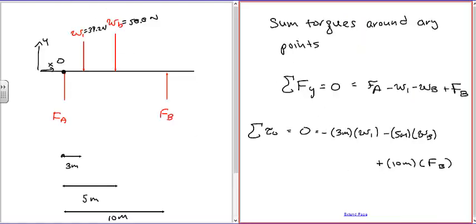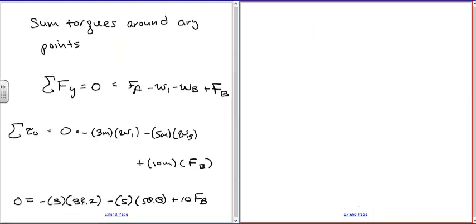So now we can go down here, say 0 is equal to negative 3 times W1, which is 39.2, minus 5 times W sub B, which is 58.8 newtons, plus 10 F sub B. So let's add the first two terms together. 3 times 39.2 and 5 times 58.8.